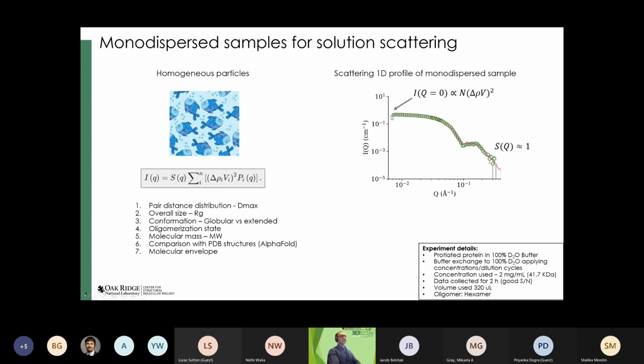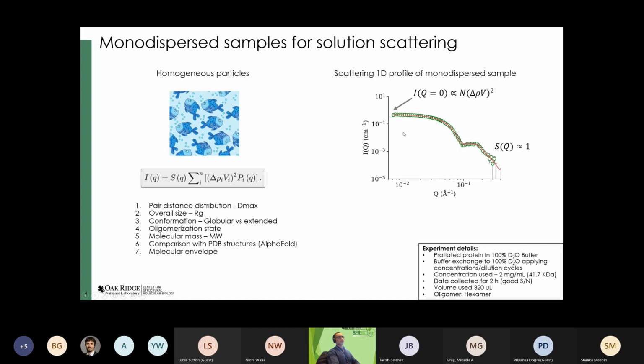So basically you have a flat line at low Q, and from here you can directly extract I0, the forward intensity, and determine the molecular mass, since I0 is proportional to the number of particles, which in this case is the concentration.